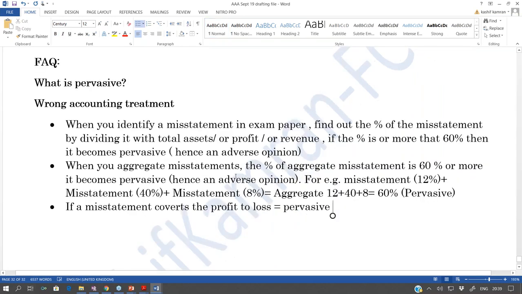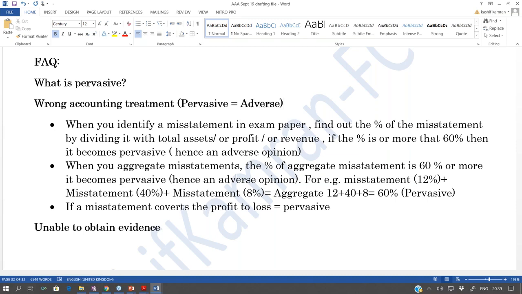The second situation is when the auditor is unable to obtain evidence. Do you believe when the auditor is unable to obtain evidence, there is also something known as pervasive, which results in a disclaimer of opinion? Because if the auditor is unable to obtain evidence which is pervasive, it will result in a disclaimer.